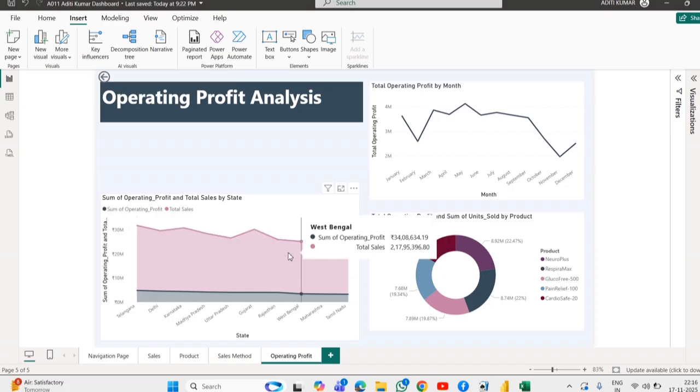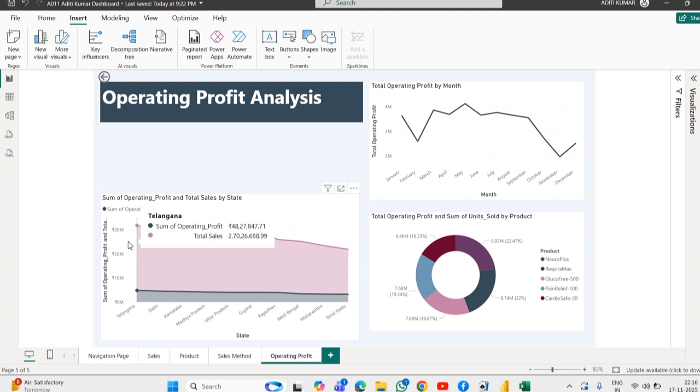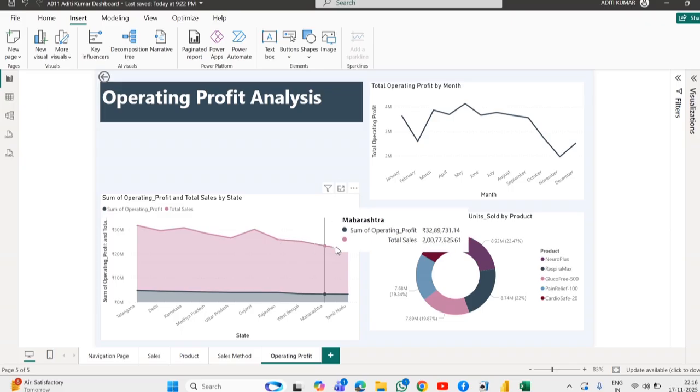From this data, I can clearly state that the sum of operating profit from Telangana is the most, around 4.8 million, with total sales of around 2.7 million. And the lowest is Tamil Nadu, with a sum of operating profit around 3.2 million and total sales of around 1.87 million. So this gives me a brief about that.